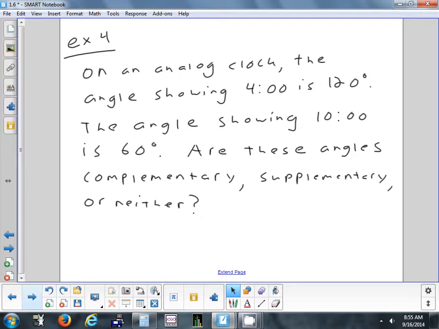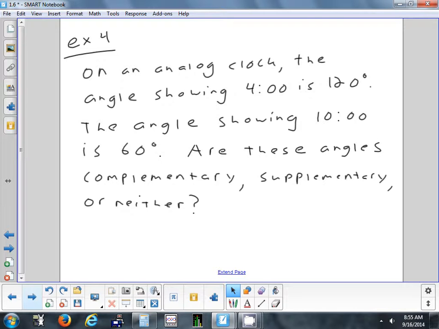Okay, so this question has to do with a clock. On an analog clock, the angle that would show 4 o'clock, and I'm talking about the angle between the minute hand and the hour hand, is 120 degrees. The angle that shows 10 o'clock, between the minute hand and the hour hand, is a 60-degree angle.